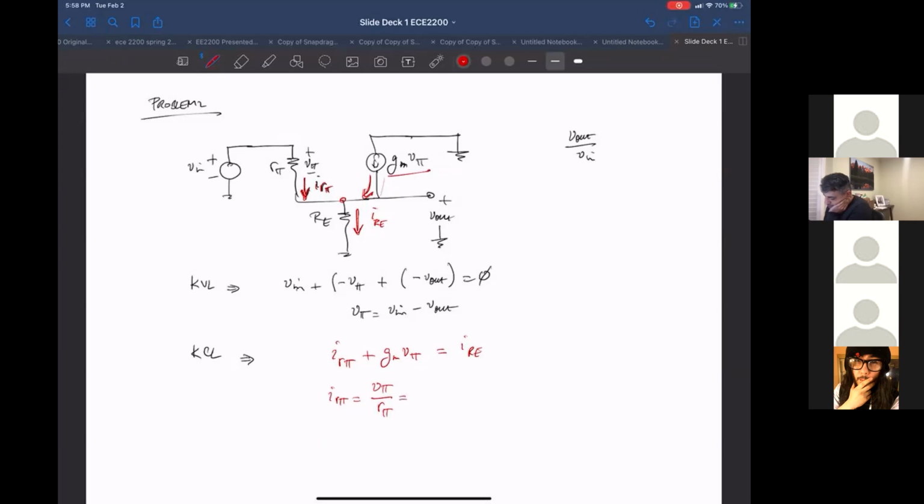So from the previous equation, v_π is v_in minus v_out, over R_π.